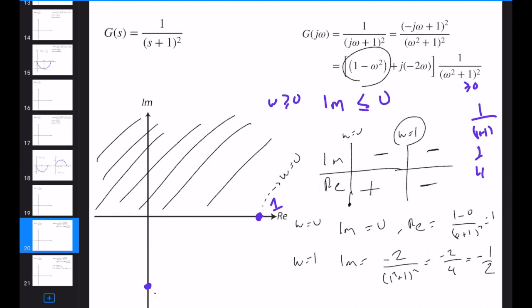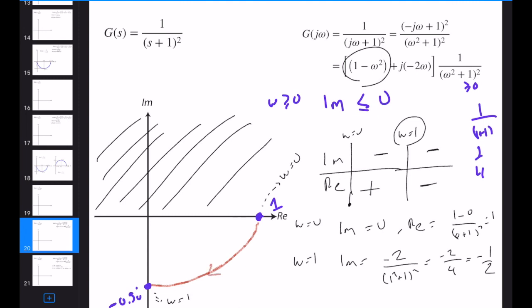Here omega is equal to 1, and this point corresponds to 0.5j. Of course, we have a minus. And if we draw the polar plot in between, we can have something like this. It goes in this direction.